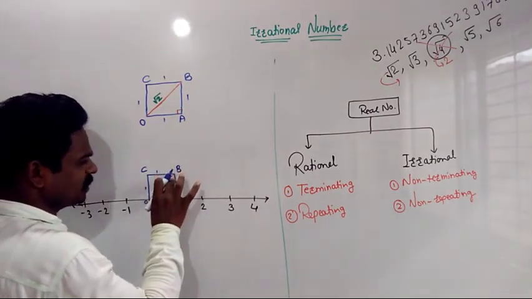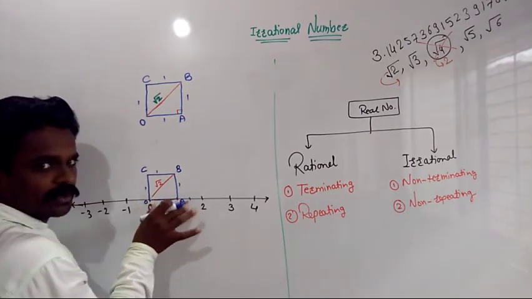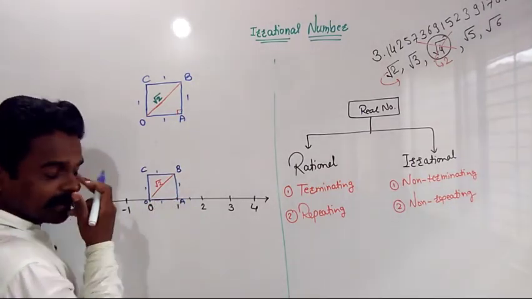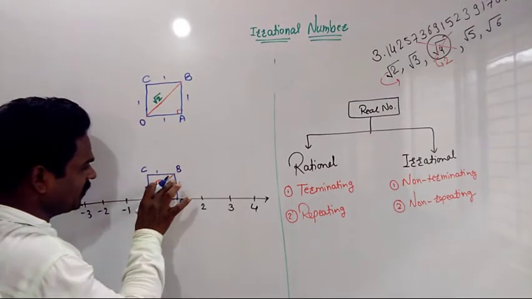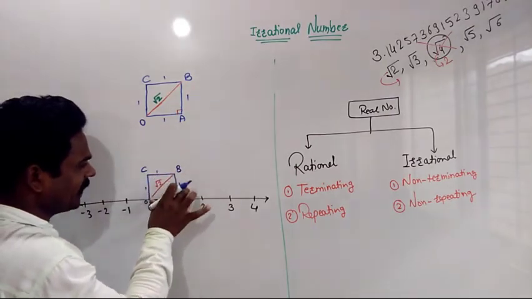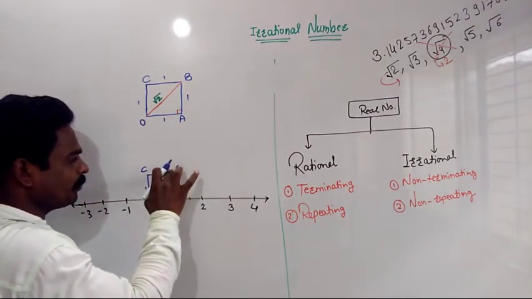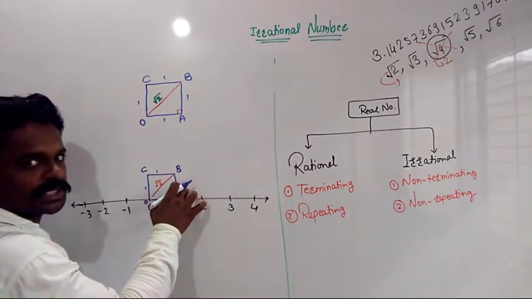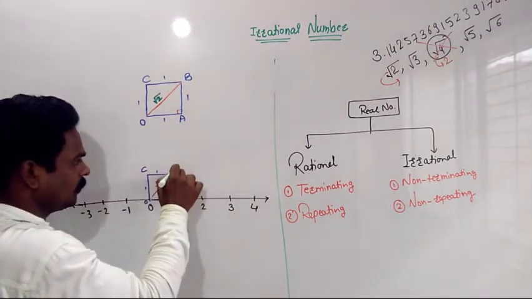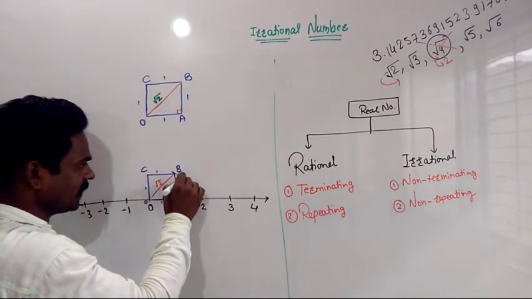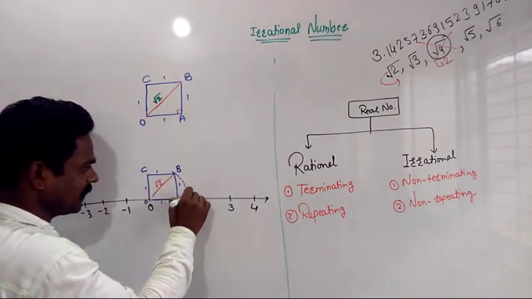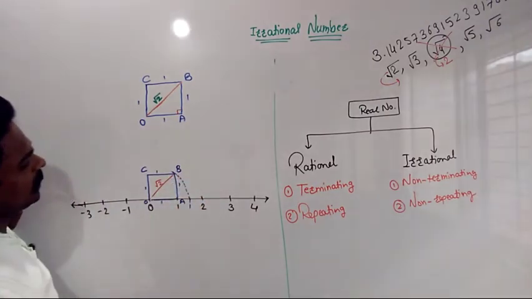Instead of measuring and coming here and crossing it, put one end here, another end here, and from point B itself, just make an arc. So from point B, if we make an arc, it will look like this.